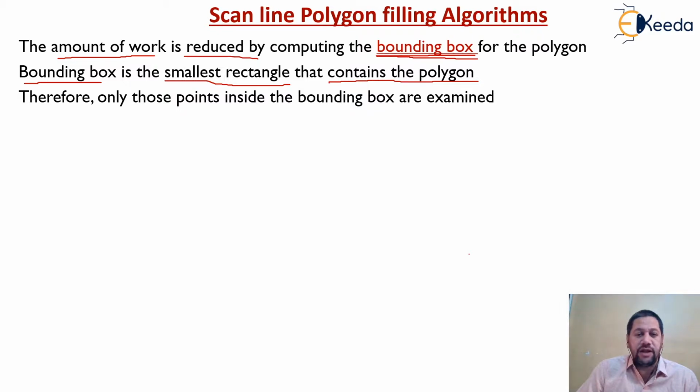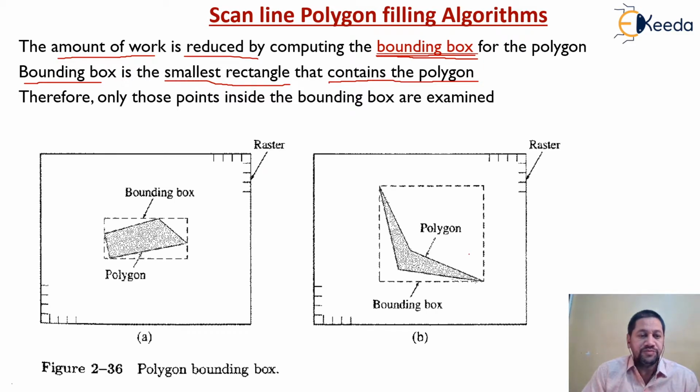Whenever we find the bounding box, only those points inside the bounding box are examined or considered at the time of filling. So first we have to find the bounding box of the polygon to reduce the amount of work.